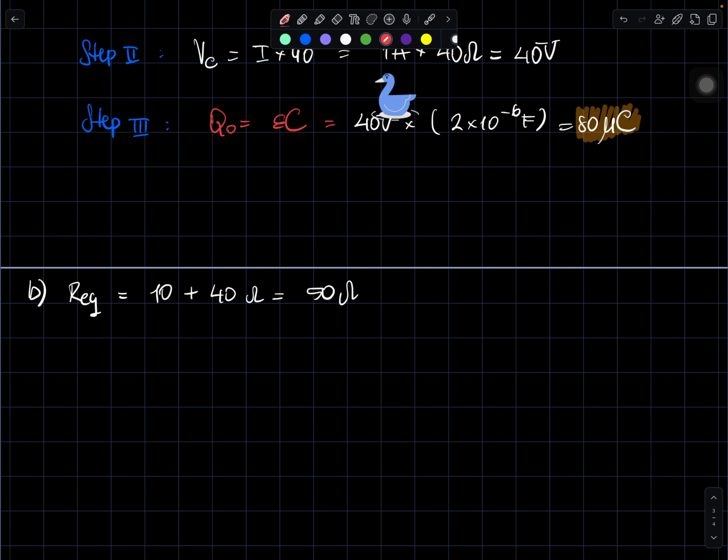Now we will be finding the time. The formula is Q equals Q initial e to the minus t over RC. RC here is tau.